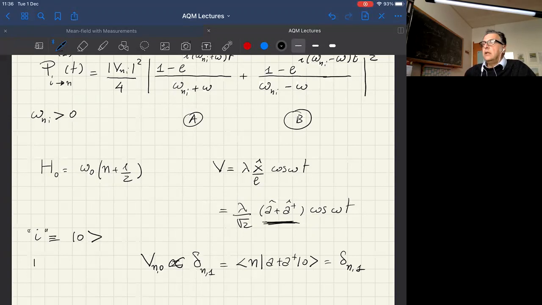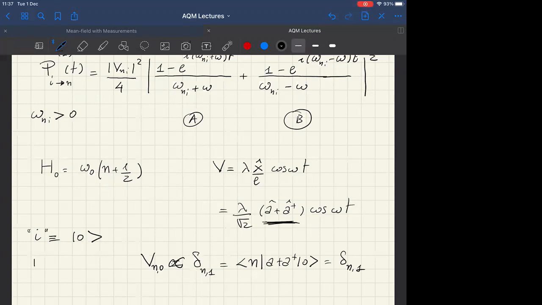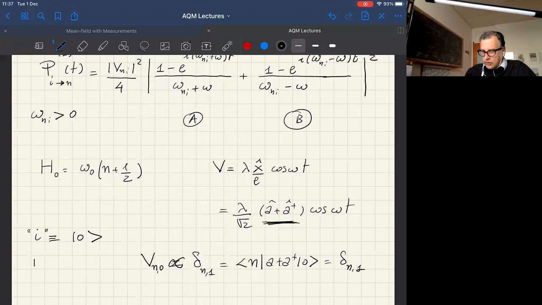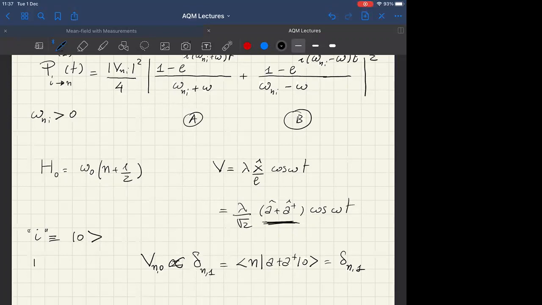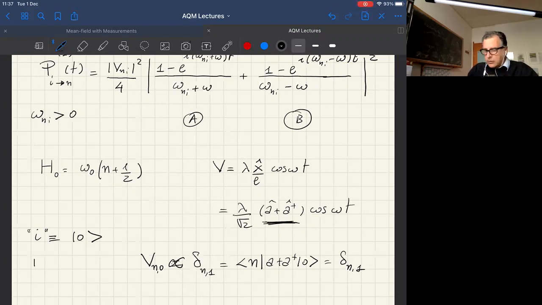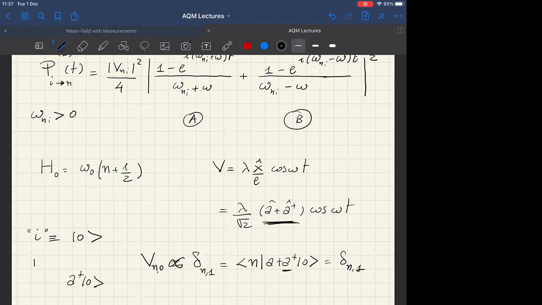What was the question then? Why basically I don't get why it's only the 0 to 1 transition that can happen, and 0 to 2 cannot happen. Yeah, when you apply a single a, let's say a dagger applied to 0 is what? Is 1.